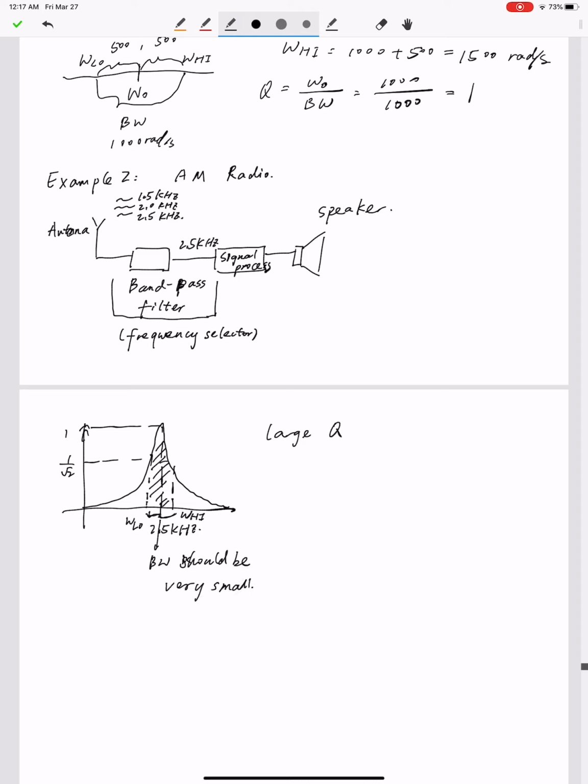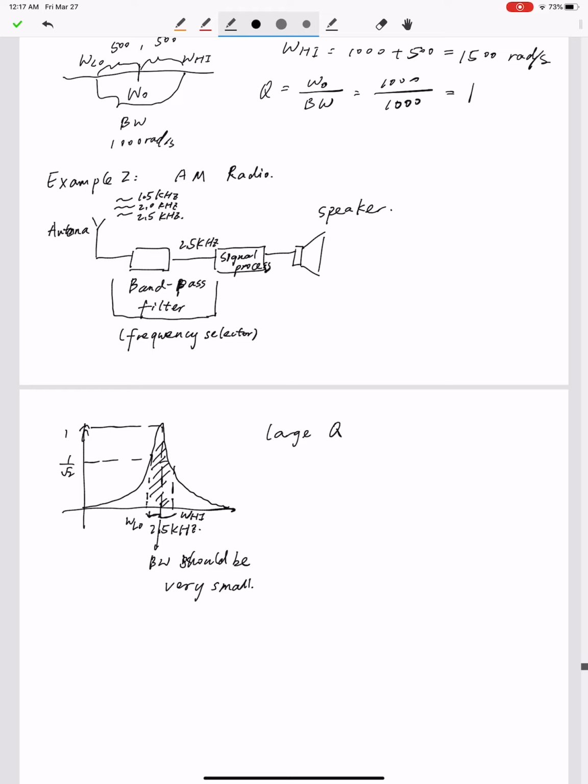Then we will have a very precise frequency selector. So how do we design a frequency selector or a bandpass filter in this example?